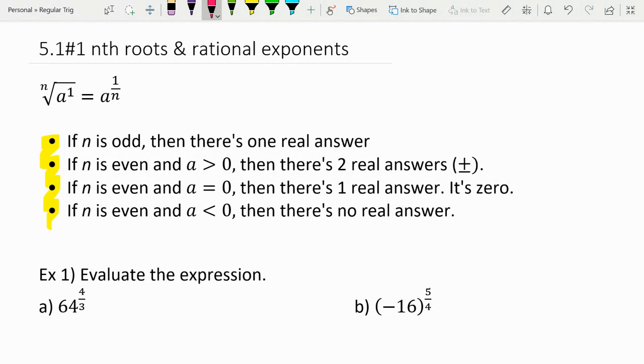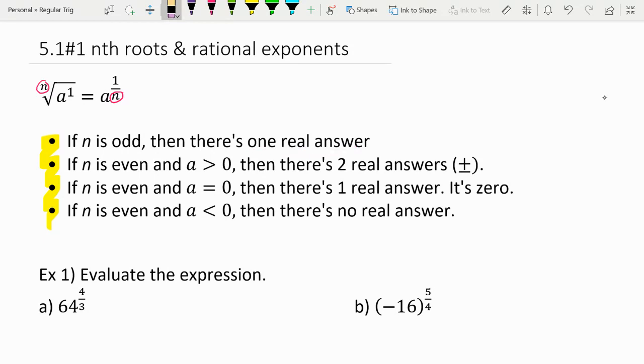So if n is odd, I don't care which way it's written. When you're asked to evaluate, like we're going to be doing today, and you grab your calculator, you know there's going to be one real answer. The answer might be positive, the answer might be negative, but it's going to be one real answer.